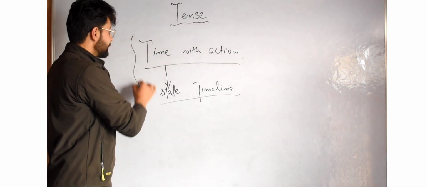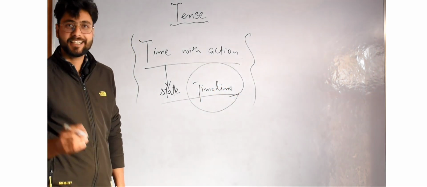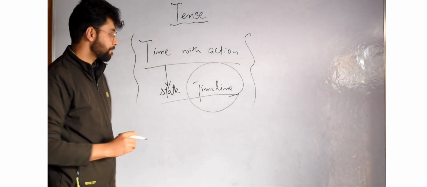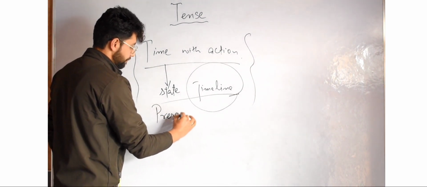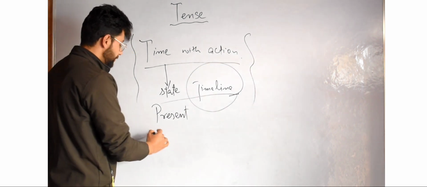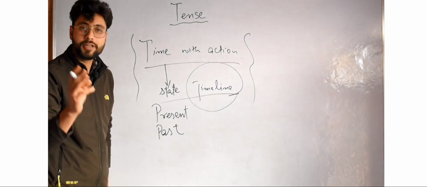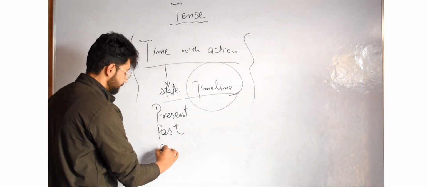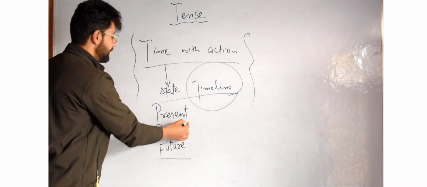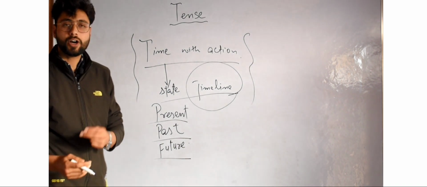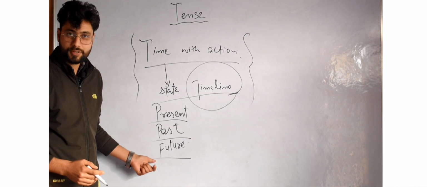Now, on the basis of this timeline, tense is of three types. Number one is present. Number two is past. And number three is future. So these are the three types of tenses: present, past, and future.